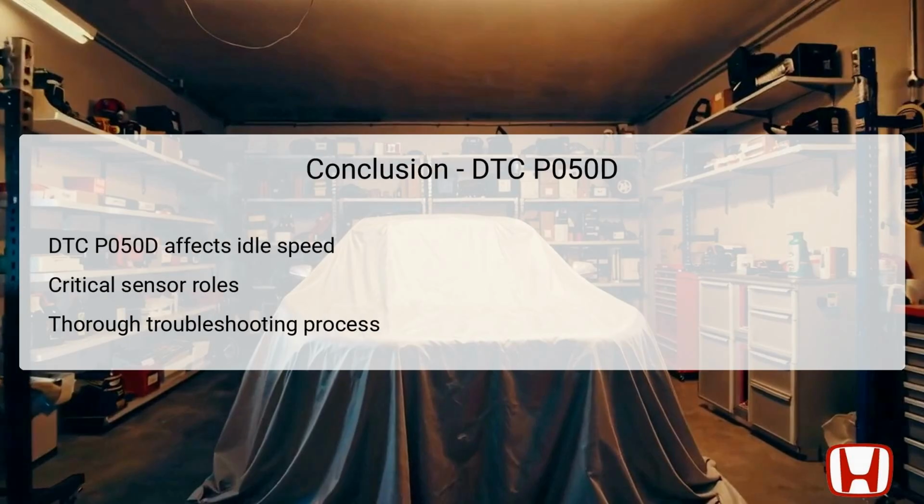In conclusion, DTC P050D, indicating a cold start idle speed problem, is a significant issue that requires careful attention. The role of various sensors, such as the MAF and IAT sensors, is crucial for the PCM to accurately manage the engine's performance, particularly during cold starts.